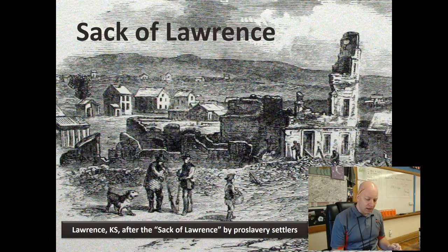Right? So the sack of Lawrence is a significant event. Lawrence, Kansas is where pro-slavery settlers raid, burn, pillage, and destroy the town of Lawrence, Kansas, which was an anti-slavery town. This is an example of the violence that occurred.